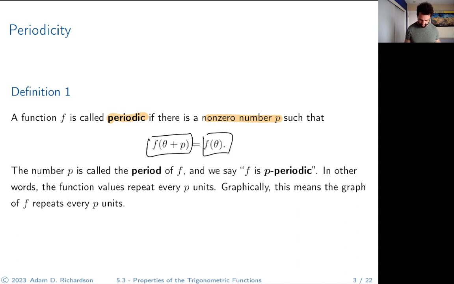And the number p itself is called the period of the function, and we say that f is p periodic for whatever that number p is. In other words, the function values repeat themselves every p units. And graphically, this means that the graph of f repeats every p units. And so we'll see this when we look at the graphs in section 5.4.